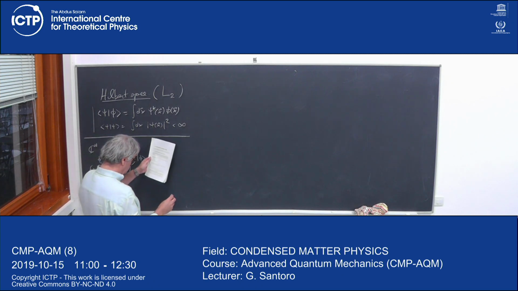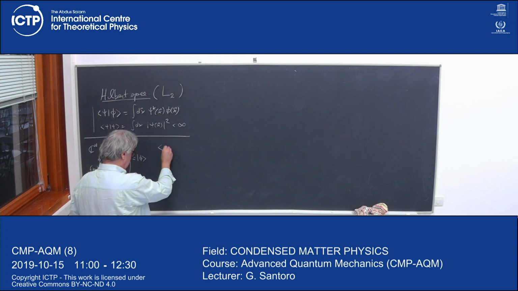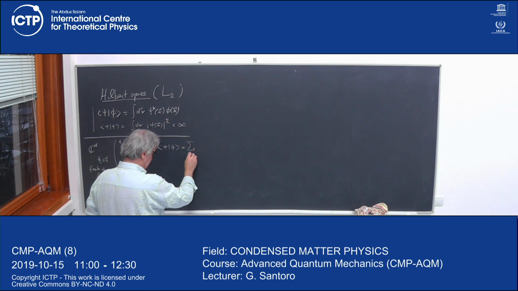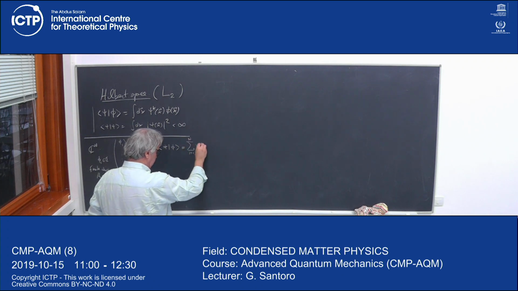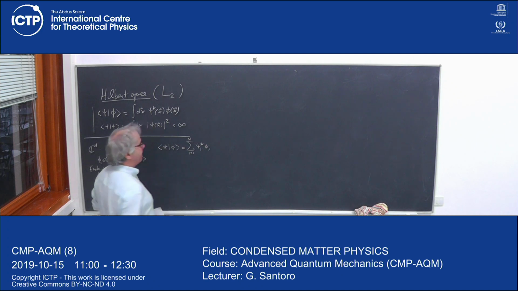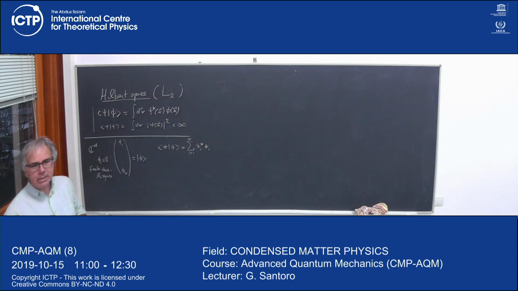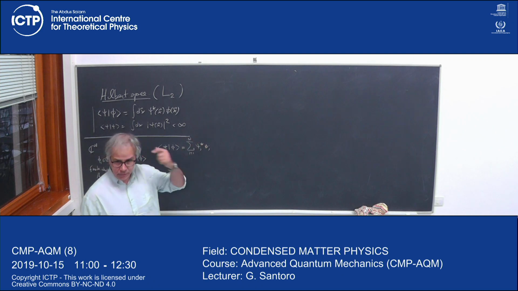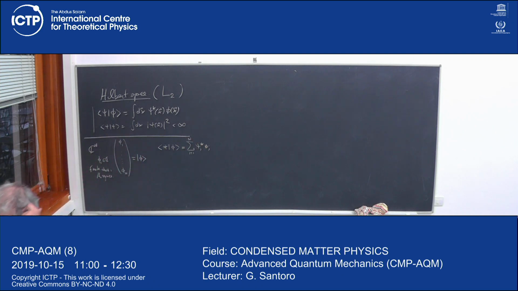Now, how do I define the scalar product of two vectors, psi and phi? Well, I simply take the sum over all components of psi j star phi j. Okay? Pretty much as you would do in Euclidean space. In R n, you would do exactly the same, except that here there is no need for the complex conjugate, right?